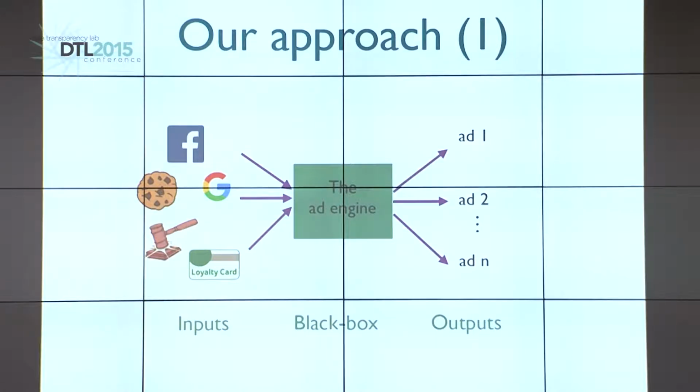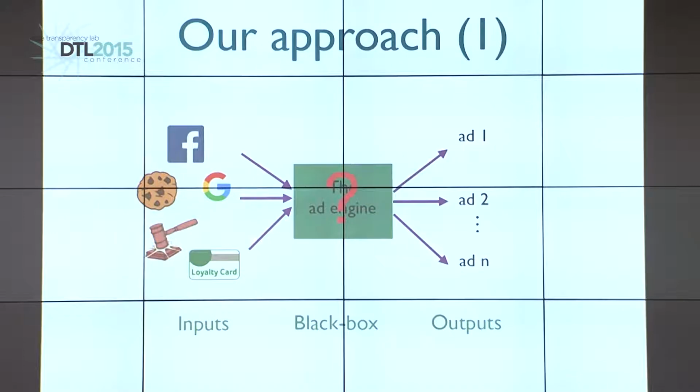Then we have the ad engines that take this data, process it, and put users in certain categories. Just note that by ad engines, I refer to any organization that is responsible for sending an ad, not just Facebook or Twitter, everyone in between. And at the end, we have the ads that are sent to the users.